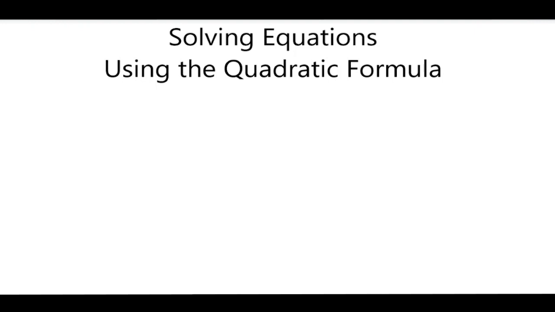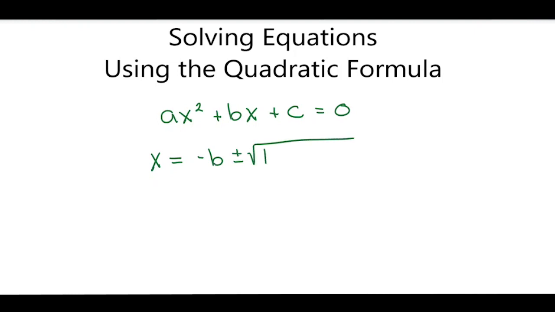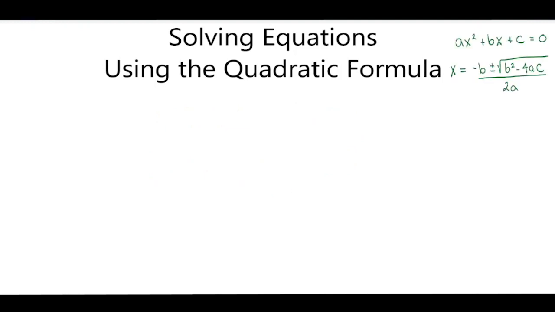What it says is that if we have an equation of the form ax squared plus bx plus c equals 0, and we want to solve for the value of x, we will write this out as negative b plus or minus the square root of b squared minus 4ac, all over 2a. So we'll stick that up there, and we're going to use the quadratic formula to solve this equation.